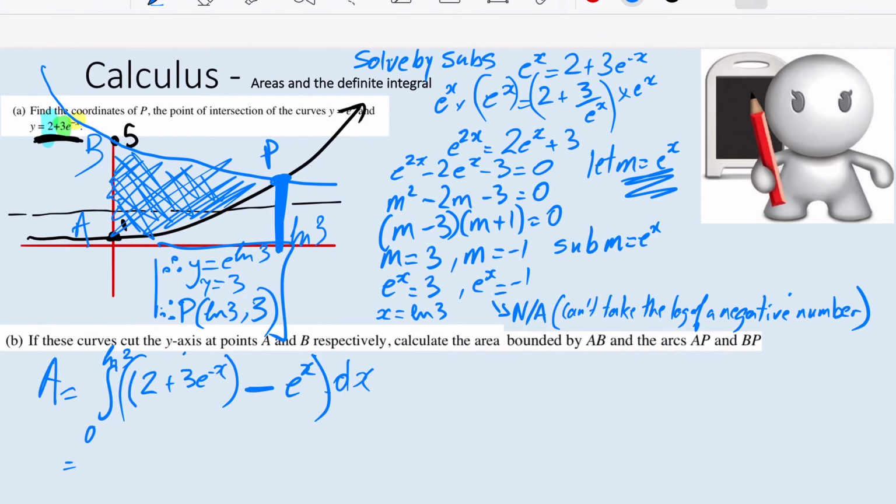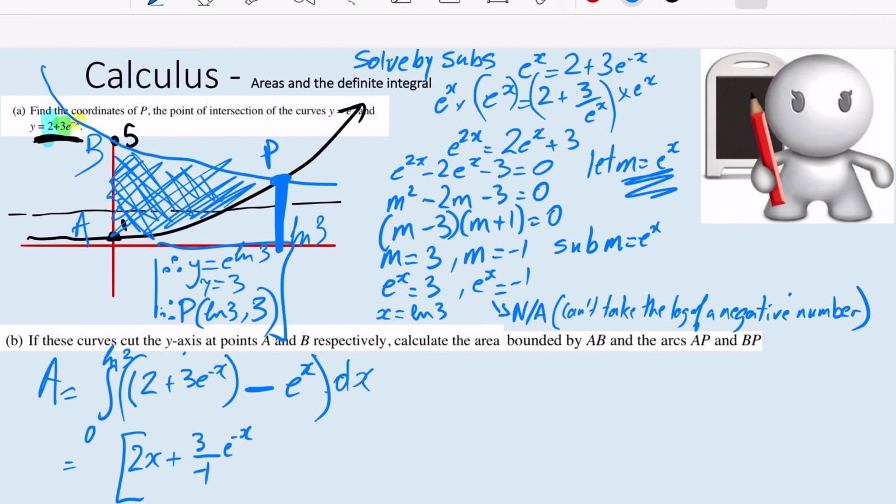What's the integral of 2 to x? Okay, plus the integral of 3e to the power of negative x. Well, that's 3, dividing it by negative 1, multiplying it by e to the power of negative x.